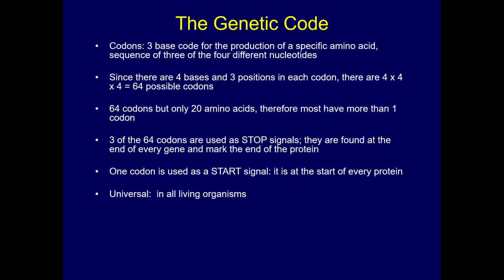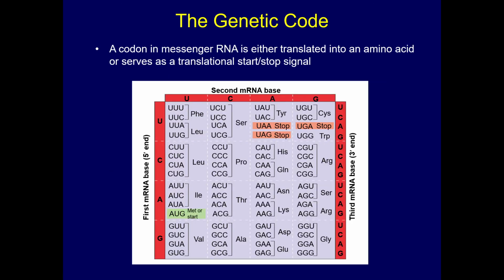Okay, and this code is universal for all living organisms, so every living thing works on the same code. And here they all are. These are the codon messengers for every single amino acid that our body can make with DNA. So as we can see, here's down here our start code. We've got our 3 stops, and then the rest of these guys are all the different amino acids that make up proteins in our bodies.